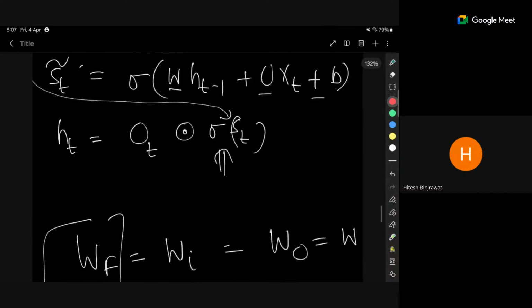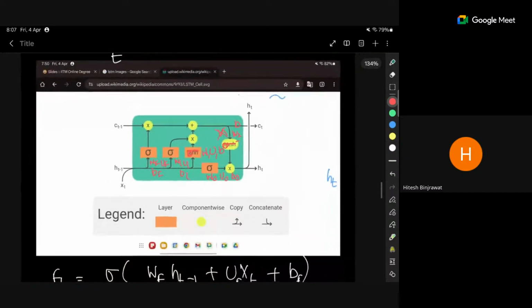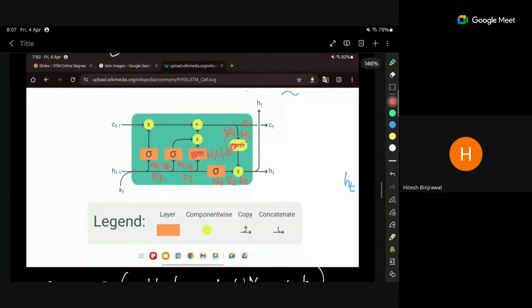Okay, so now one thing which we do after this: you can see HT is going somewhere. That we use for prediction. So we send it through V HT plus C, and we do softmax over that. Okay, and this is what we'll call Y hat.